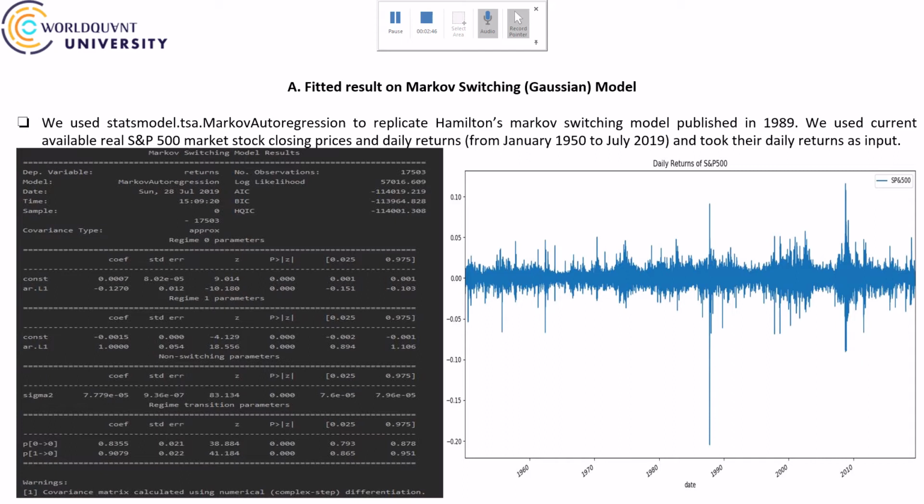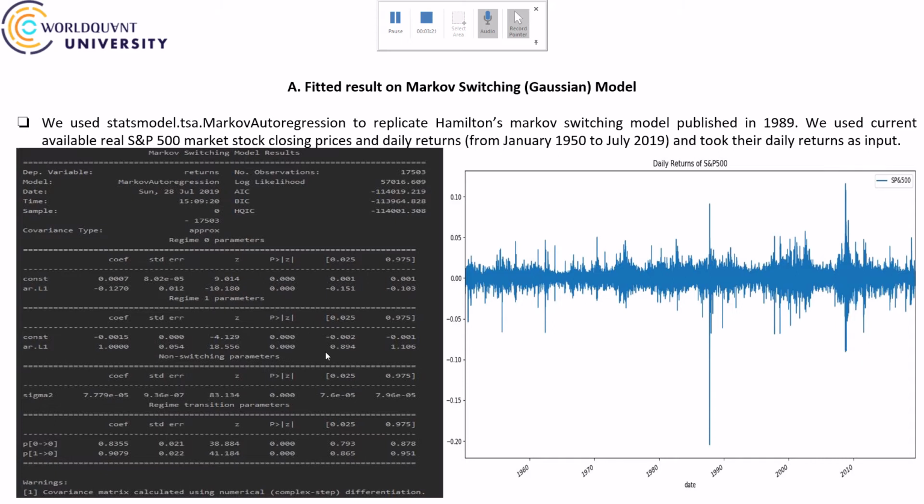We got some other results, like the probability of moving from regime 0 to 0, 1 to 0, for instance. From 0 to 0, the probability of our market regime to stay in that state is around 83%, and the one from moving from regime 1 to 0 is around 90%.